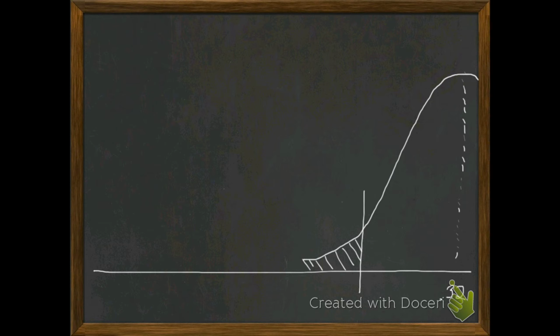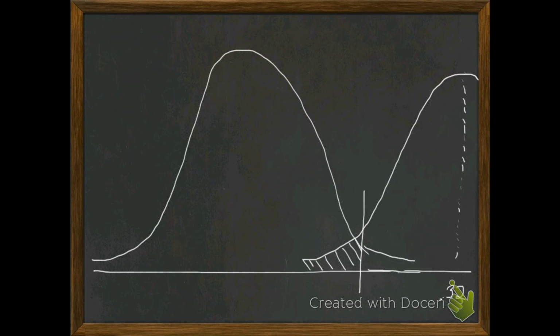Now let's go ahead and put our other distribution in here, the one that is the true distribution. I tell you what, that's going to drive me insane. Sorry guys, my OCD I guess would be kicking in here.